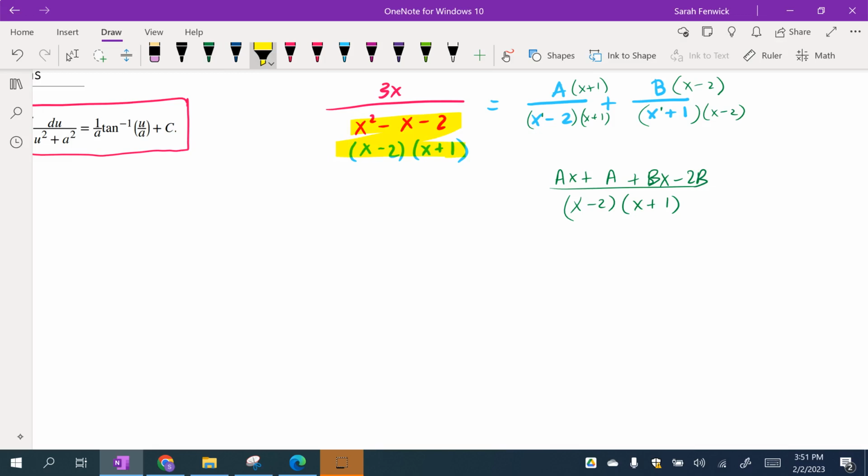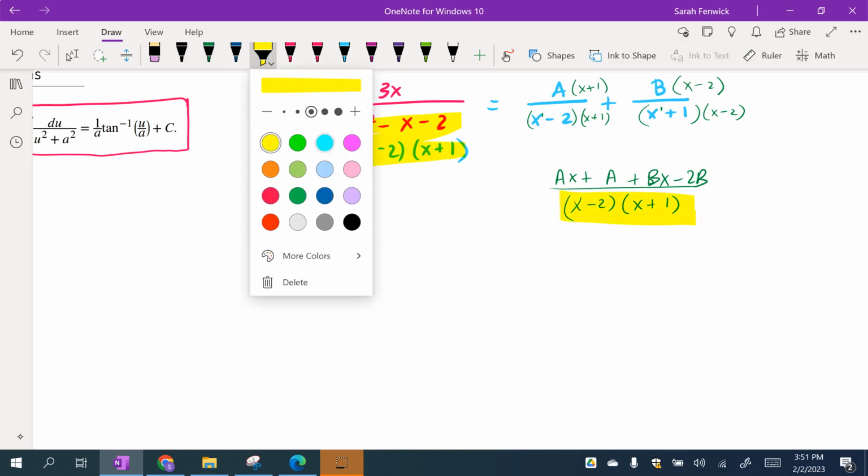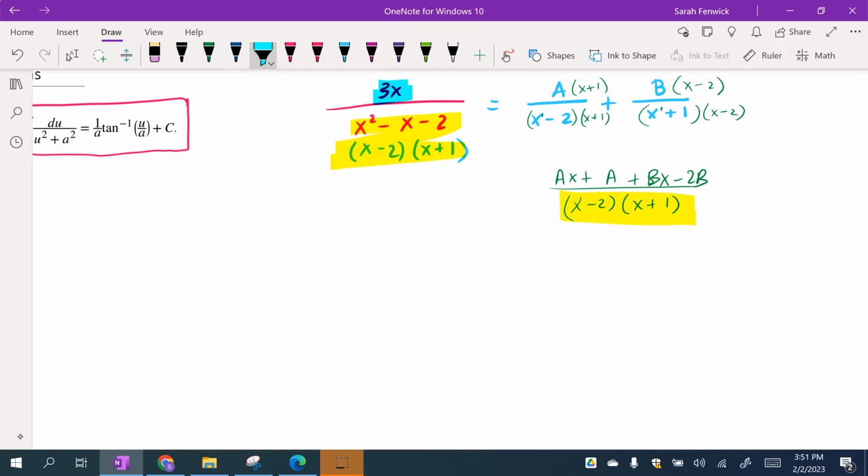Now, my denominator here matches my denominator here. We can say that my numerator here has to match this numerator. So we're going to set this up as 3x equals ax plus a plus bx minus 2b.